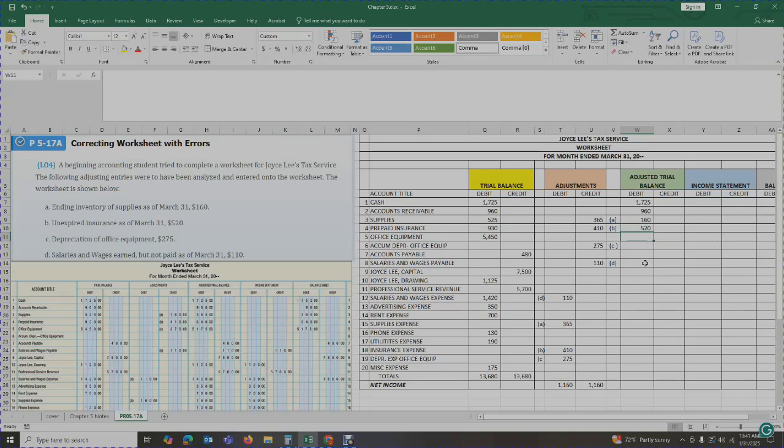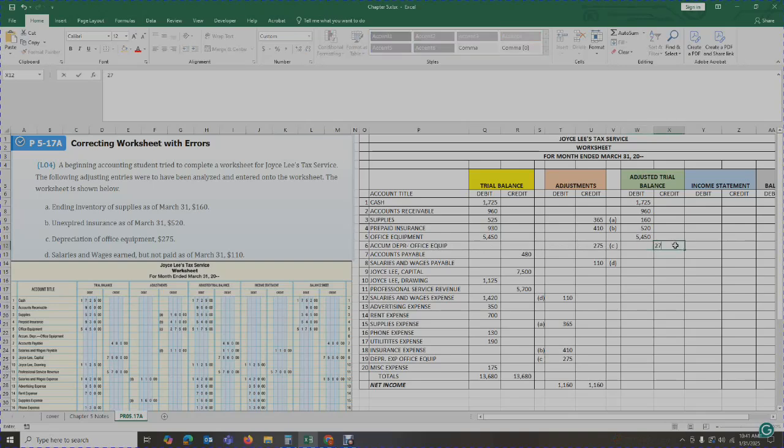Office equipment is also an asset with a normal balance of a debit. I've got $54.50. Accumulated depreciation, we said it's a contra asset account with a normal balance of a credit. It's the opposite balance of an asset account. So in this case, we have a credit of 275, and that's all we have.